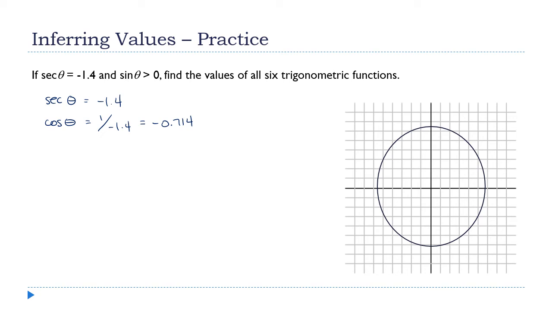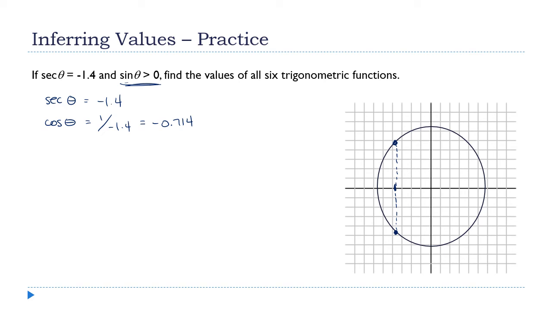So now that's the one that I'm going to play off of to find my other values. If the cosine is negative 0.714, that's again where we've got to think of this unit circle, right? Radius is 1. That's somewhere over here. So I'm looking for an angle that goes through this point or an angle that goes through this point. All right, well, if you look up here, we know that the sine of theta is positive.